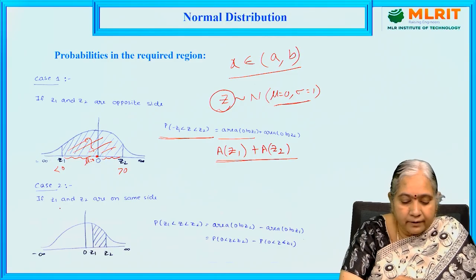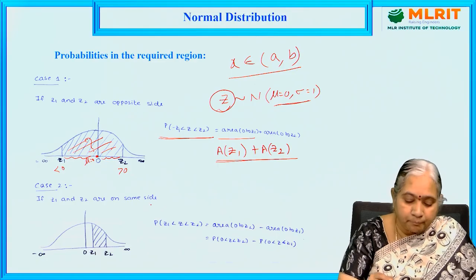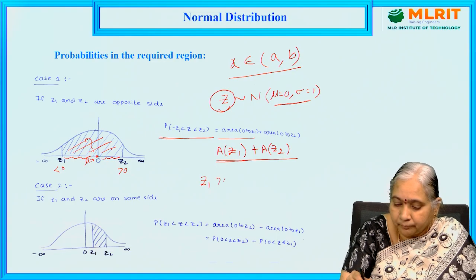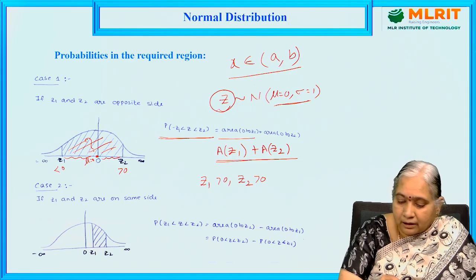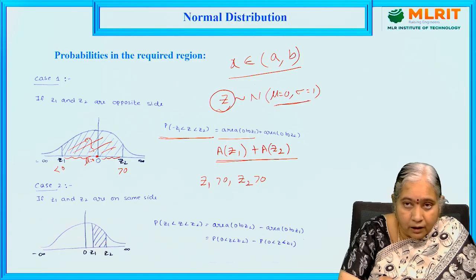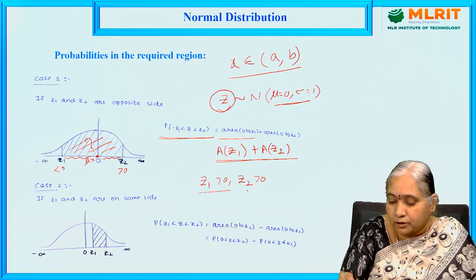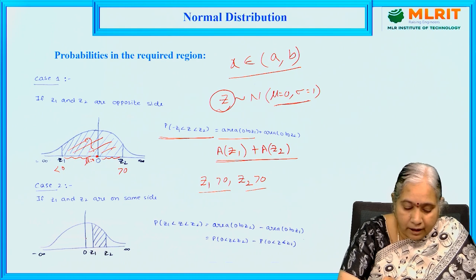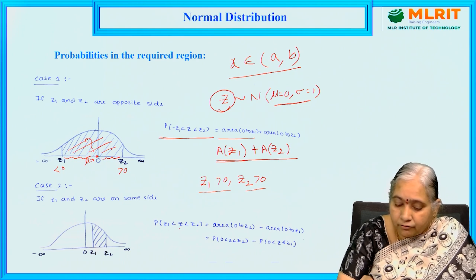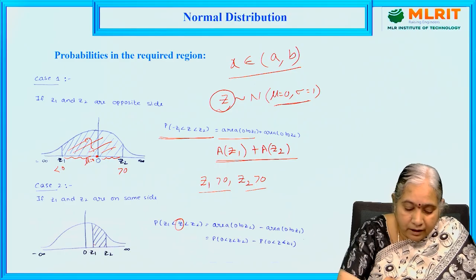Similarly, if Z1 and Z2 are on the same side, so here Z1 is greater than 0, Z2 is also greater than 0. So draw a vertical line for Z1 to the right of mean and Z2 also to the right of mean, since both are positive values. So what is the probability of Z which lies between Z1 and Z2?